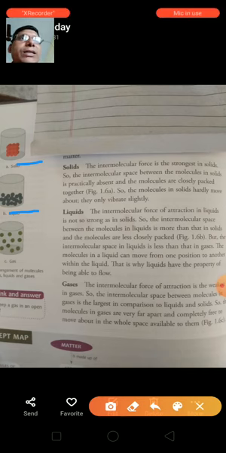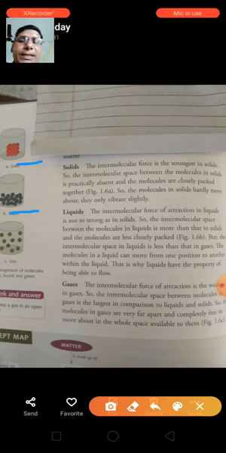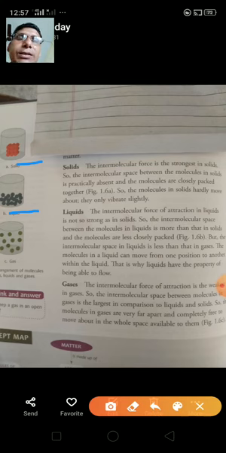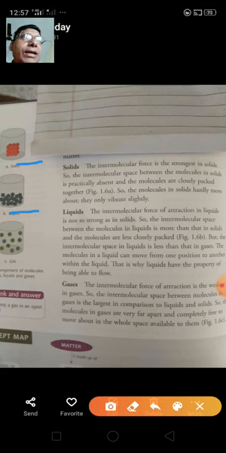When one increases, the other decreases. In the liquid, the gap between the molecules is more compared to the solid. So intermolecular space is more, thus its intermolecular force decreases compared to the solid.